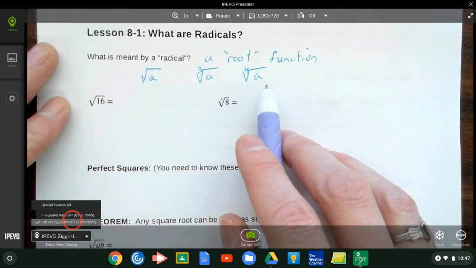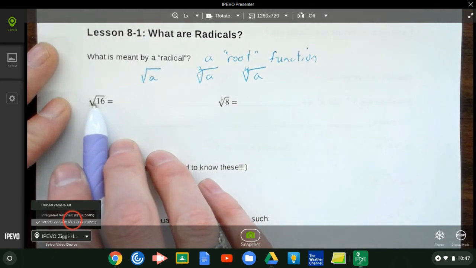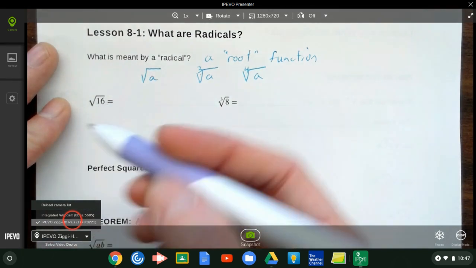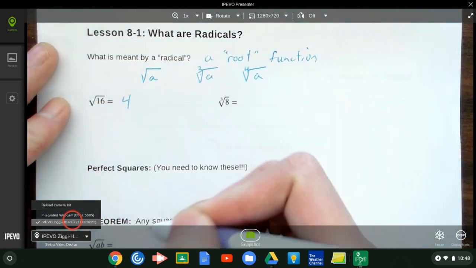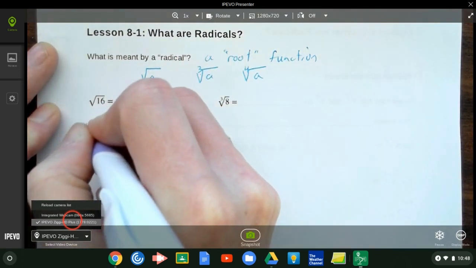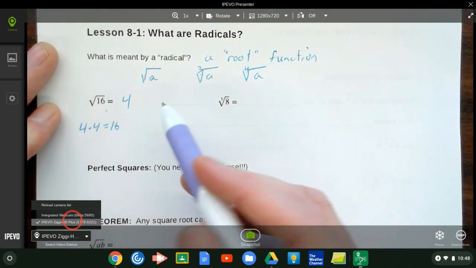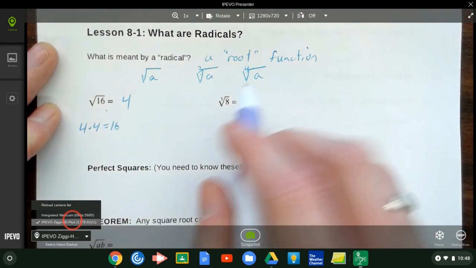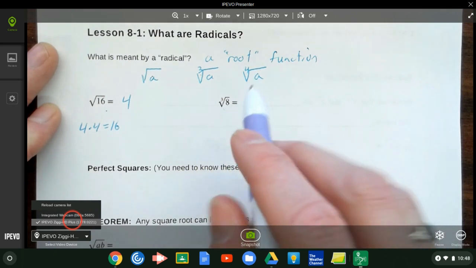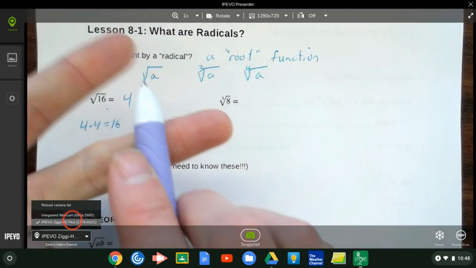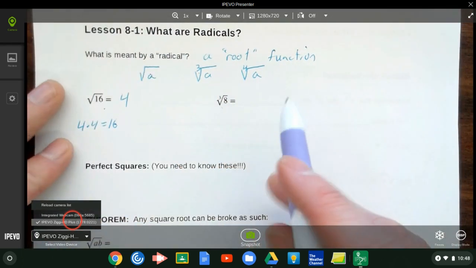It's not too hard to do because, like, the square root of 16, most of us know is 4. The reason is because 4 times 4 is 16. So it's the opposite of squaring something. The cube root of 8: what times itself times itself gives me 8?